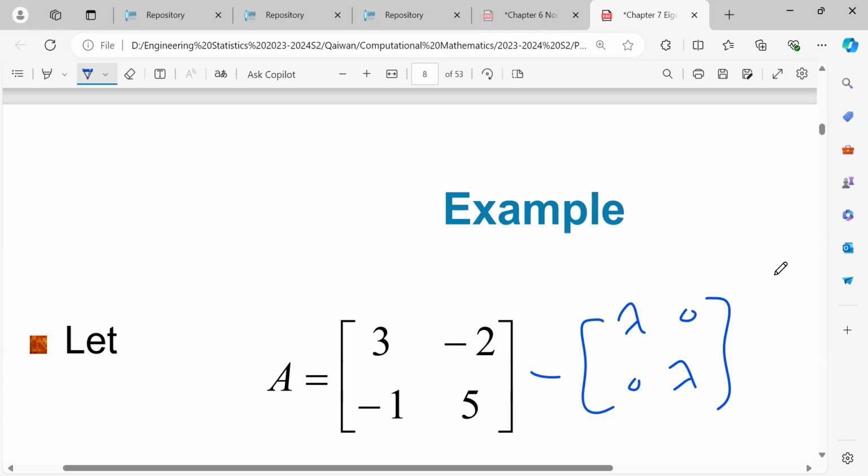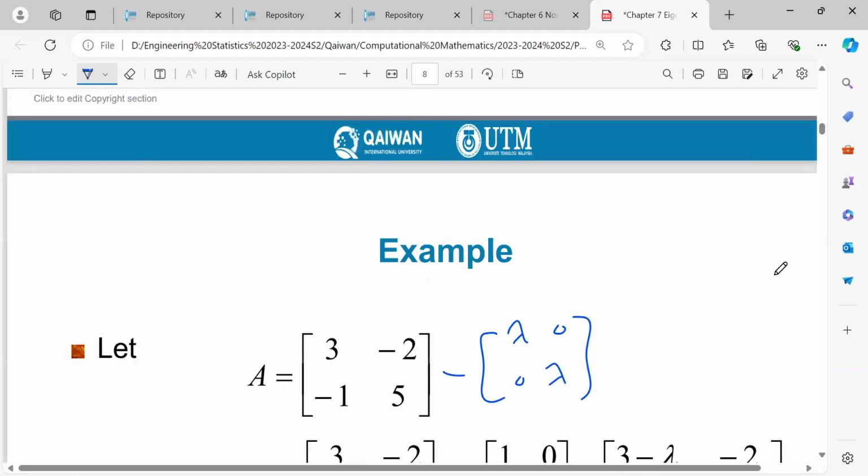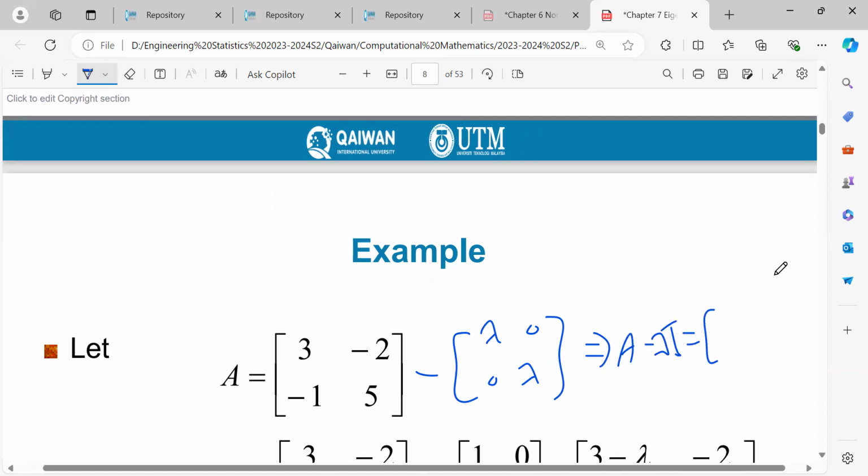Then 3 minus lambda, minus 2 minus 0, minus 1 minus 0, 5 minus lambda. We get that matrix. So A minus lambda I is 3 minus lambda, then minus 2 minus 0 is minus 2. Minus 1 minus 0 is minus 1. 5 minus lambda.